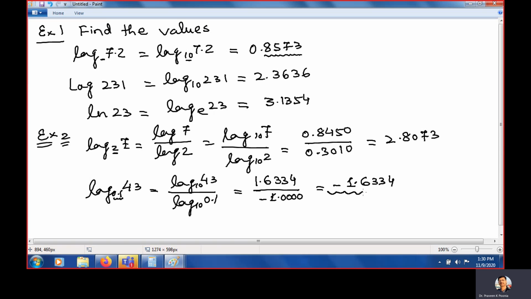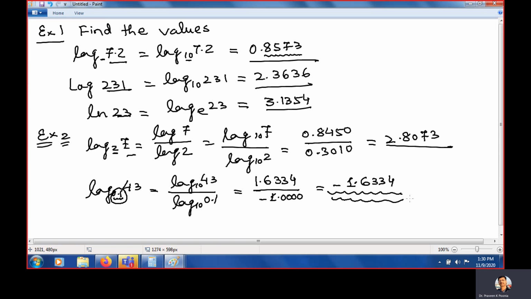1.6334 with negative sign. So look here, if we are taking any value with base any number greater than 1, the answer is always positive. But here the base is less than 1, the answer is negative. Clear?